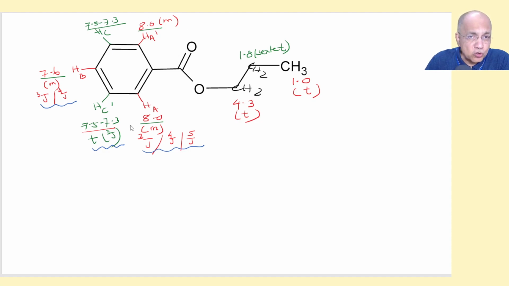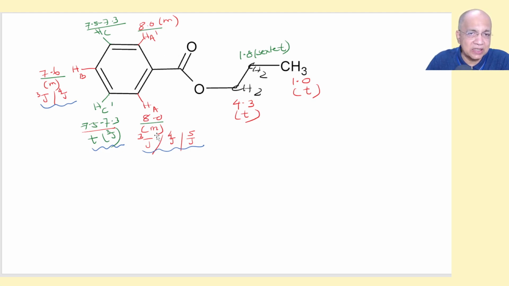And I have also assigned the proton peaks at 8 because this is close to a carbonyl group. These two will remain in the deshielding region, the cone of this carbonyl group. So the aromatic region added to the deshielding effect of the carbonyl group, the carboxyl group, makes it 8.